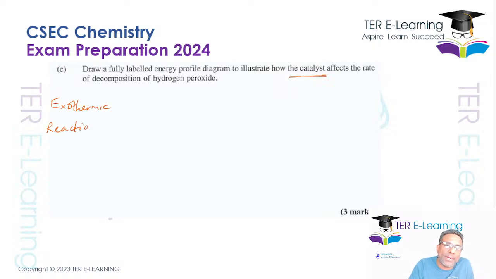It's an exothermic reaction. Now, when it comes to an exothermic reaction, you all need to be able to draw your energy profile diagrams. So this here is energy, and here, please don't put time. Do not put time here. You're going to get penalized for putting time there. You're going to put progress of reaction.